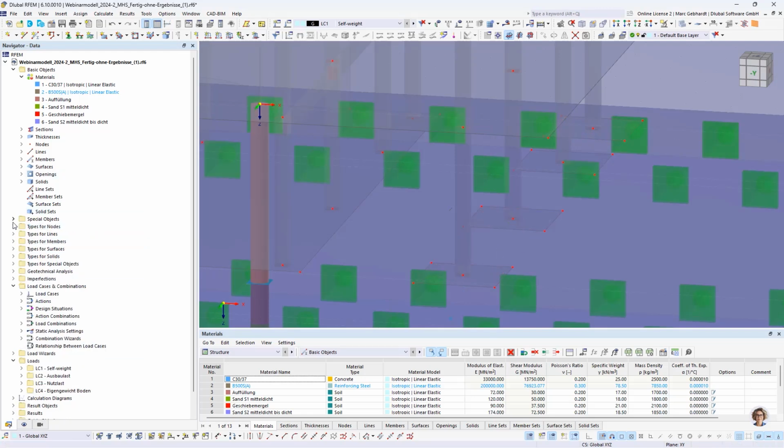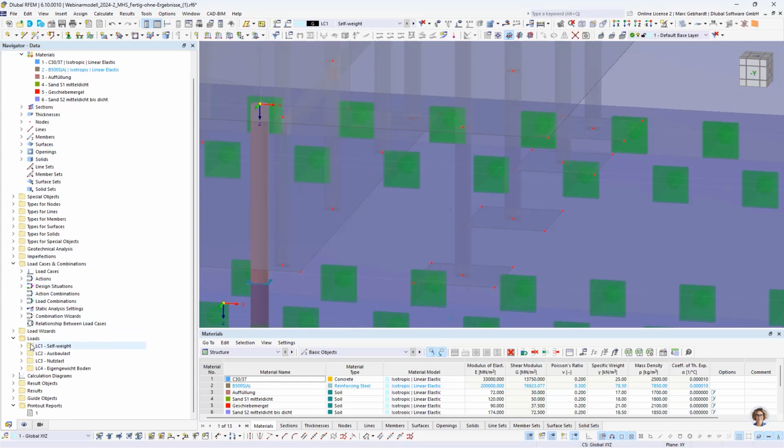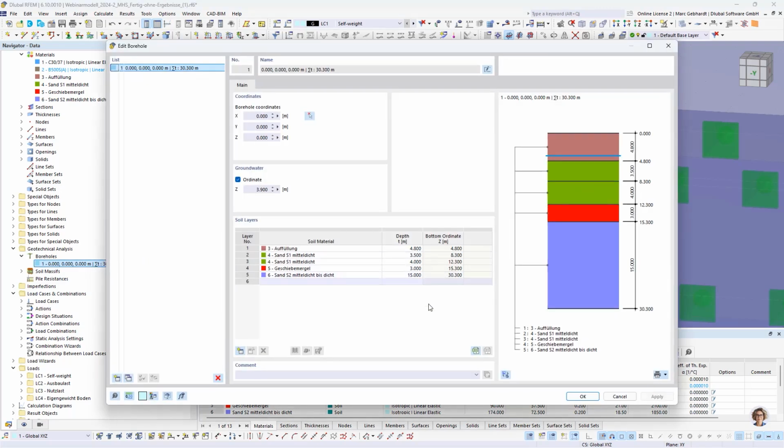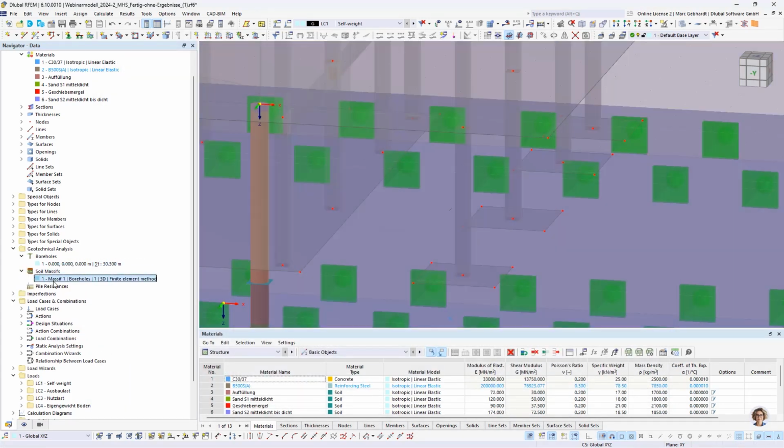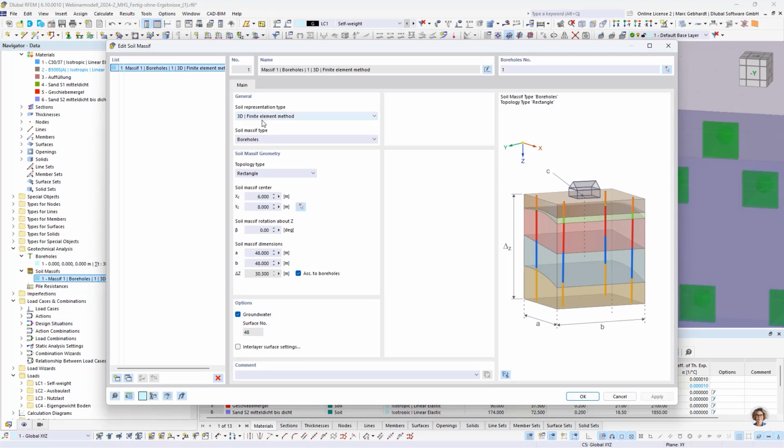Now we take a look at the soil massive itself. In Geotechnical Analysis, you find the boreholes, which were already defined in the other webinar, with the soil materials shown before. From them, a soil massive is generated, at the moment in 3D, but we want to change it to the 2D Constraint Modulus method.